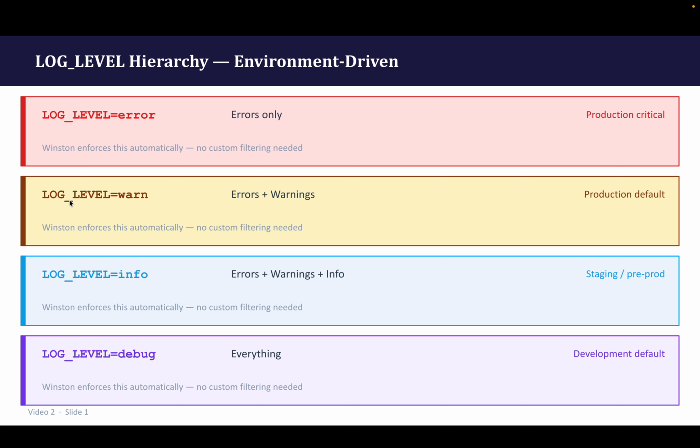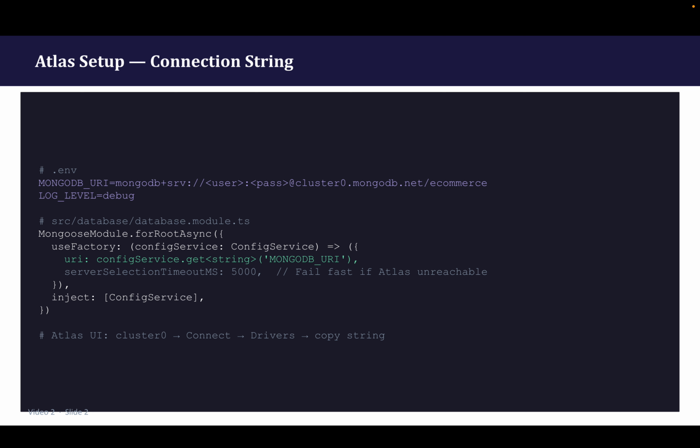So if we set our logger level to warn, we would see our error logs and warning logs. When we set our logger level to info, we are going to see error, warning, and information. And when we set our logger level to debug, we are going to see everything. So we have our Atlas Mongoose, Atlas Mongo database setup.